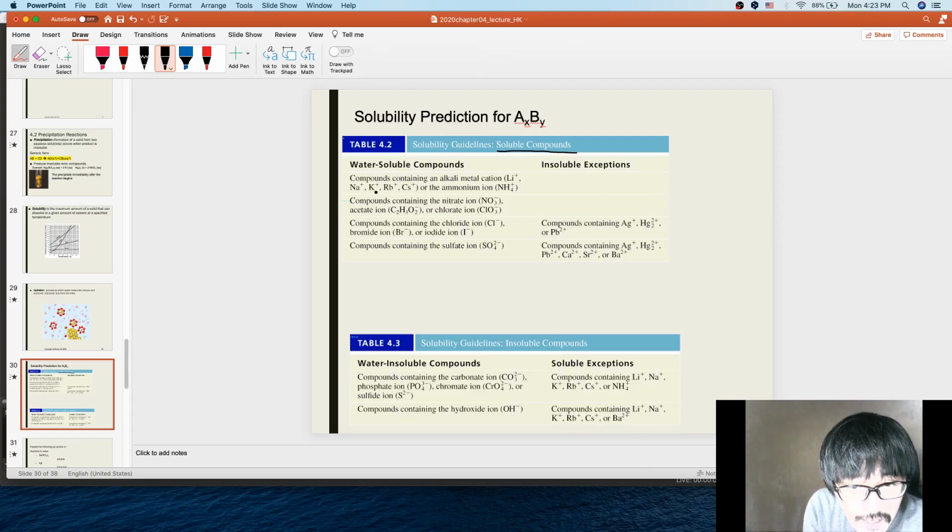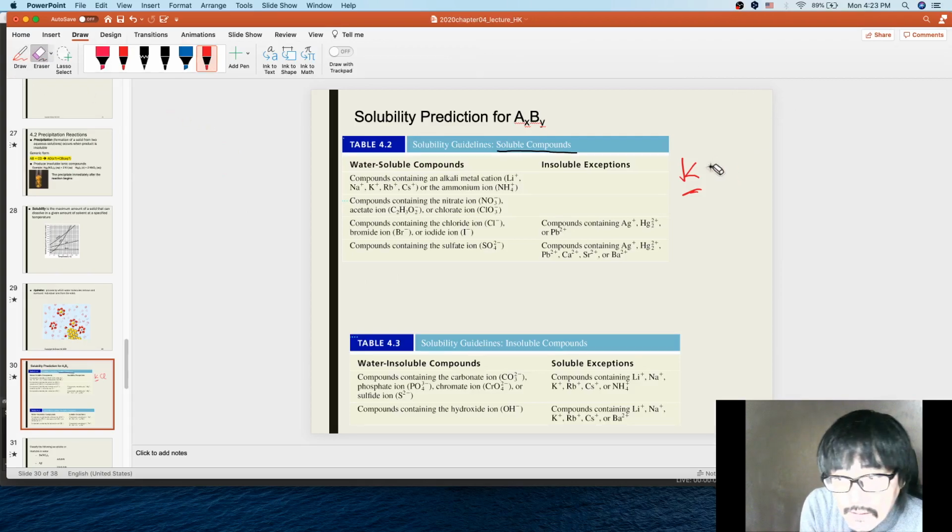Na plus is water soluble, or K plus is water soluble, no matter what's being combined. Rb plus, Cs plus, and ammonium, all of those have no exceptions. Everything is going to be water soluble. So an example could be potassium chloride. Those are water soluble because K combined with anything is water soluble.